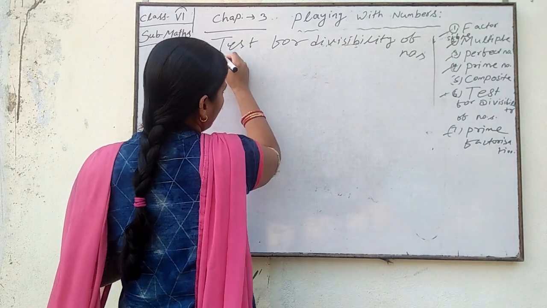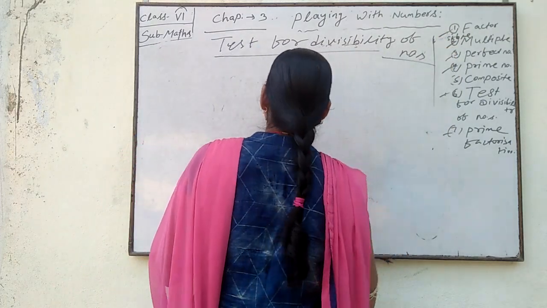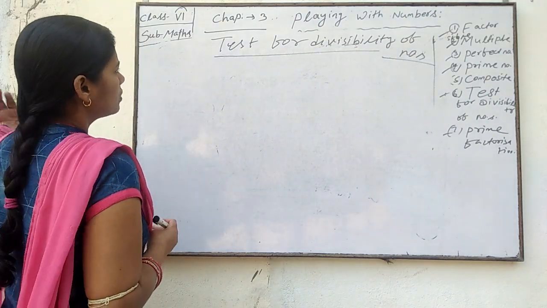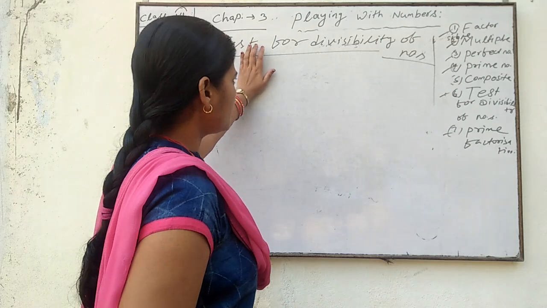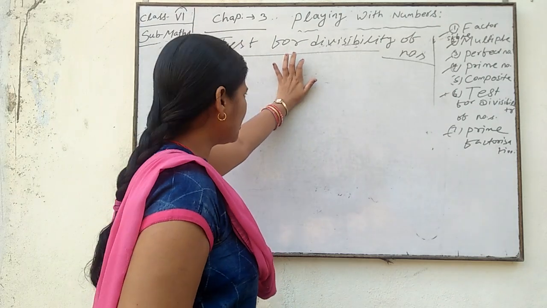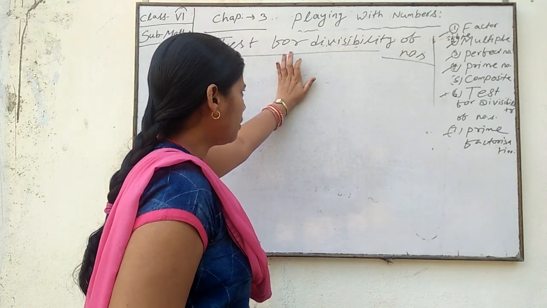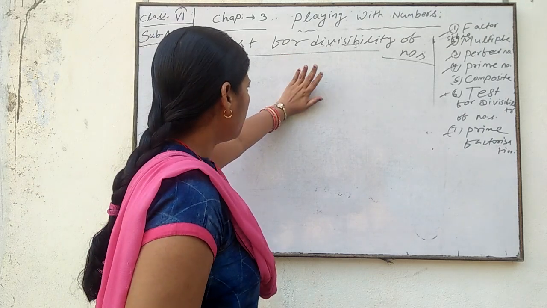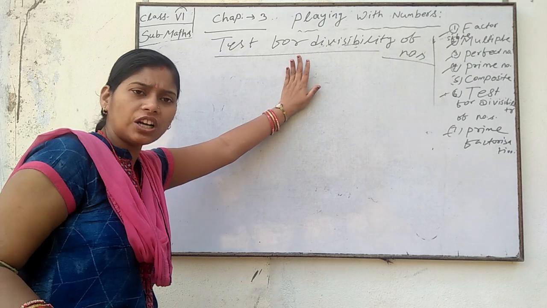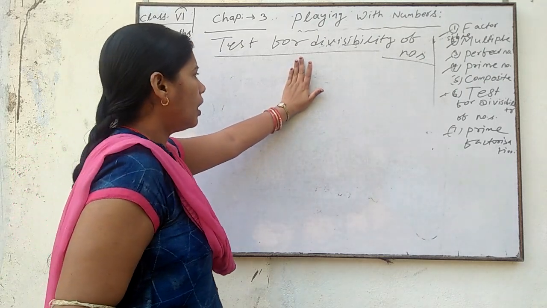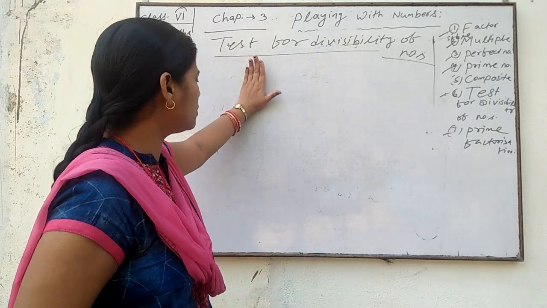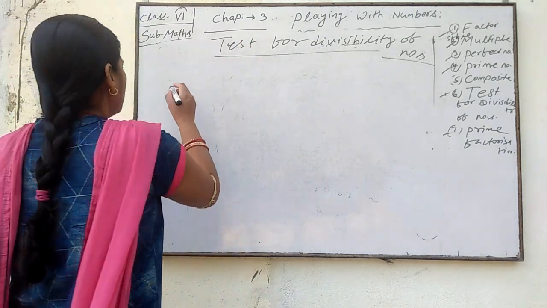Now, the test for divisibility of numbers. Generally, to test the divisibility of a number we perform the long division method. But now, without doing the long division method, how do we know whether the given number is completely divisible or not?